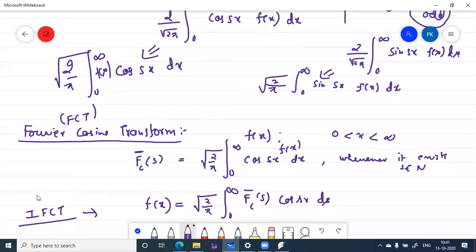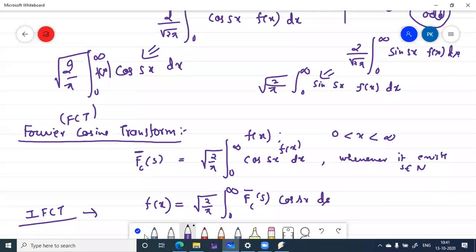It is defined under the same condition: the function f of x must be defined over 0 to infinity. So this is the Fourier sine transform.